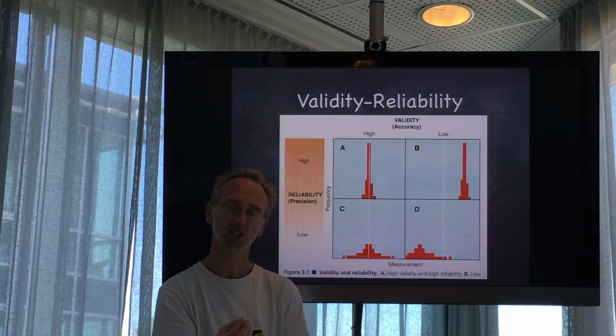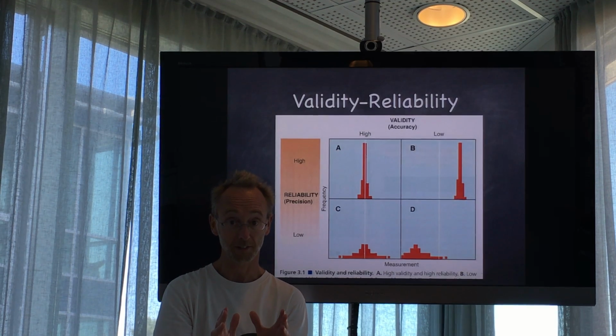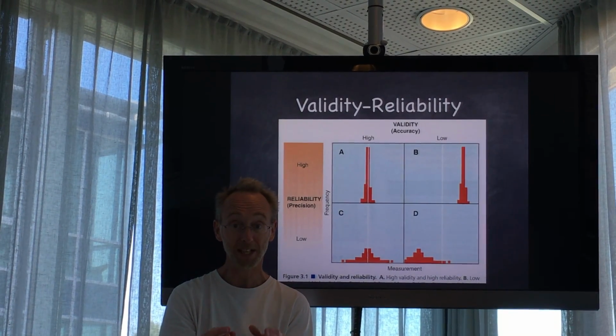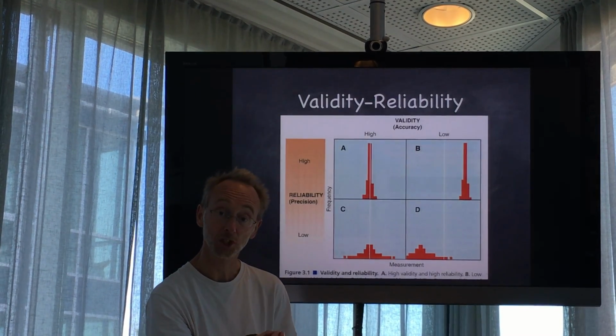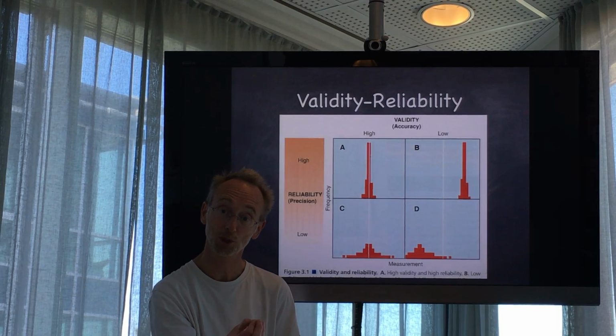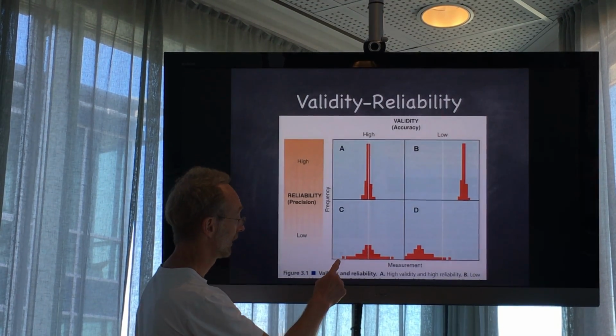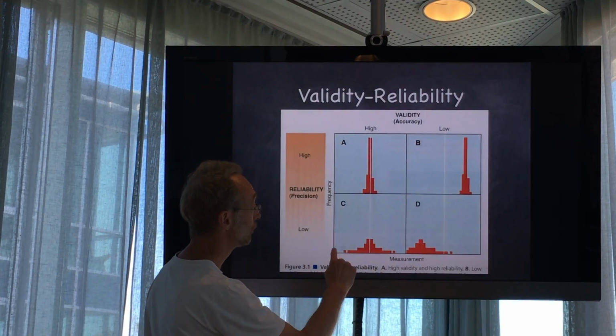If I put it in the right position, a sundial, I think it is, will measure the time quite correctly, but with a degree of uncertainty. So it's not a very exact measurement. It has a high validity, but it has a low reliability.